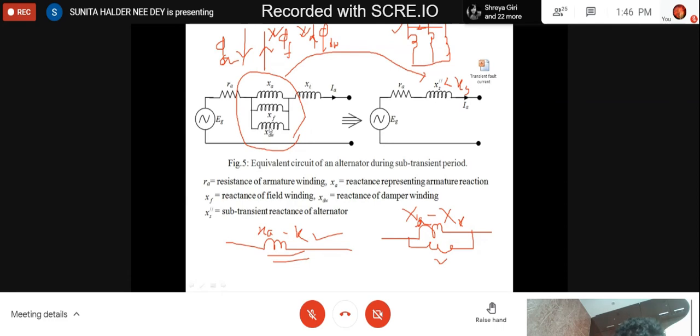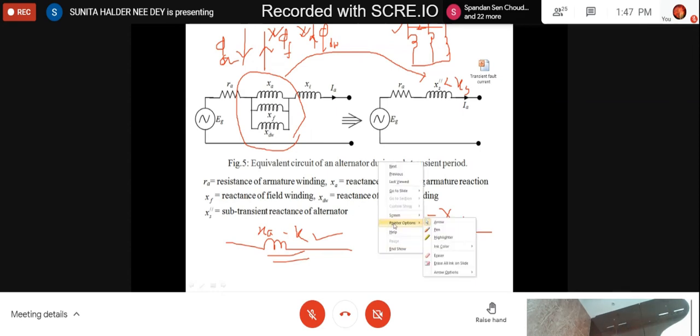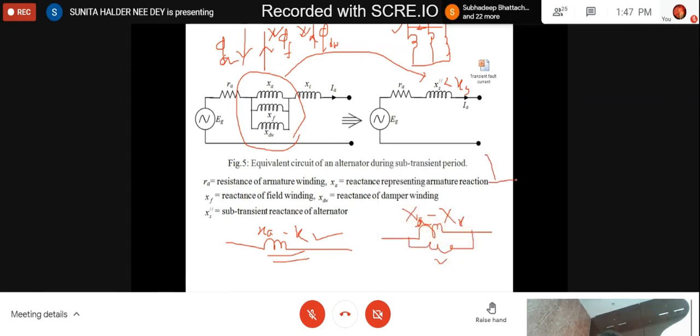I do not know whether you have done it in your lab before this pandemic or not. There is a curve that you have to draw experimentally, like the magnetization curve in a DC generator and alternator also. What will this curve be? Obviously, that will depend on the magnetic circuit of that machine. So every time it should be experimental for a particular machine. You cannot extract it theoretically. Similarly, XS dash we cannot extract theoretically. We have to calculate it experimentally, right?